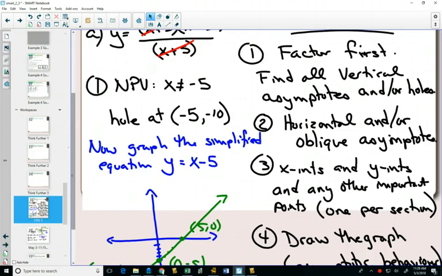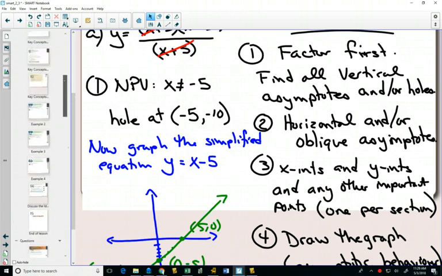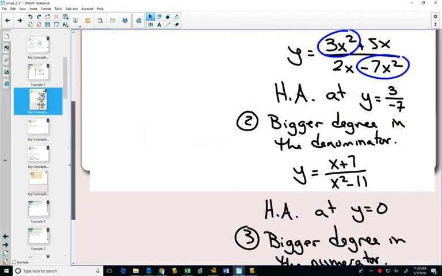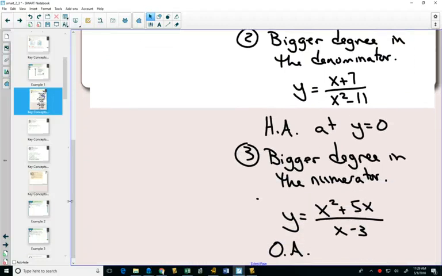So when we write out here with our oblique asymptotes, it's a bigger degree in the numerator. That's after the fact that if you had to simplify something with a hole and things disappeared, you may no longer have that oblique asymptote. You're always going to graph the simplified version if there's a hole.